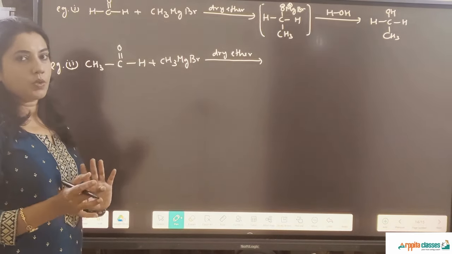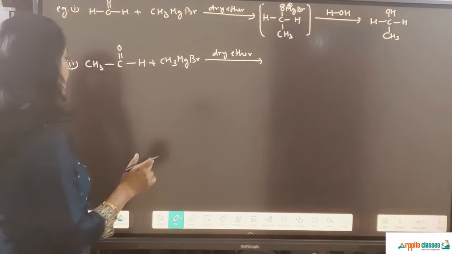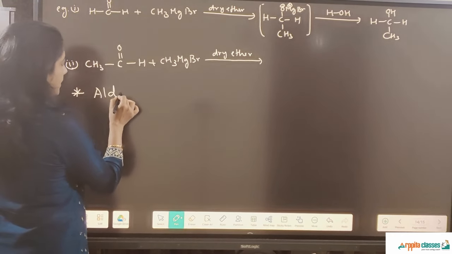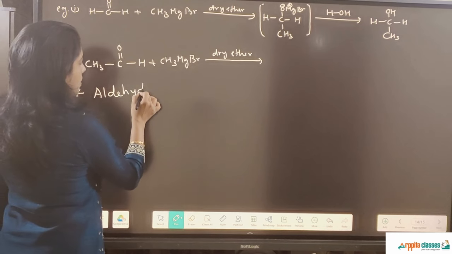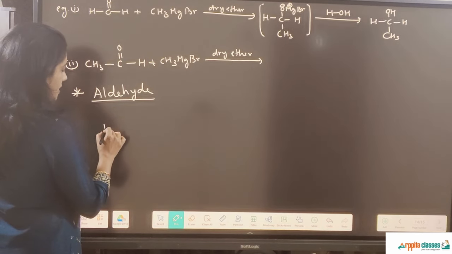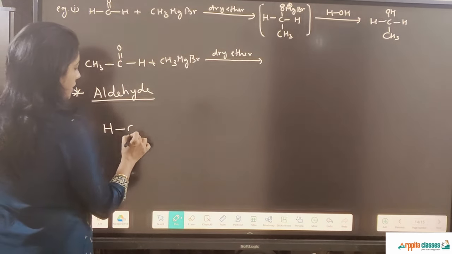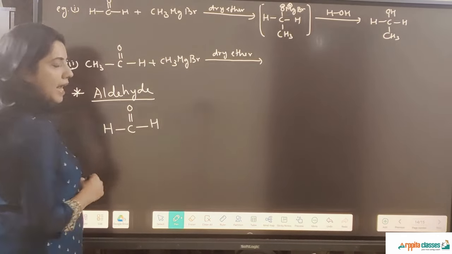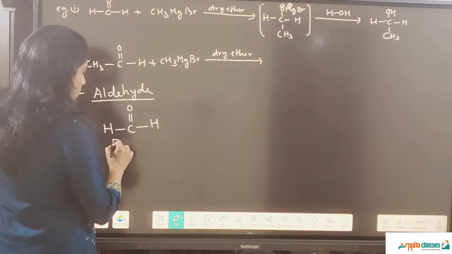So aldehyde or ketone is reacting with Grignard reagent. So first of all, let me show you aldehyde. So first I'll take the general formula, I'm taking example only, HCHO. This is aldehyde with 1 carbon atom, which is called formaldehyde.